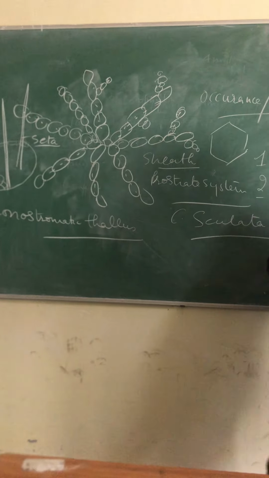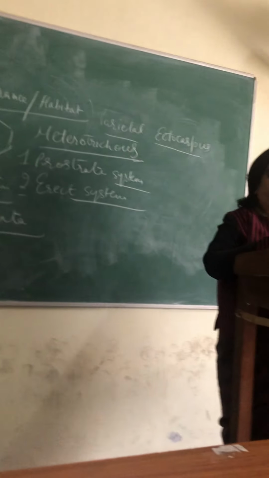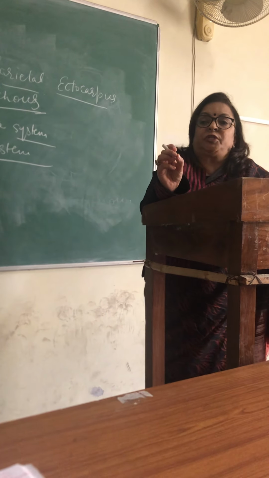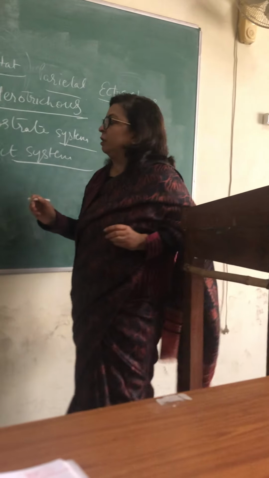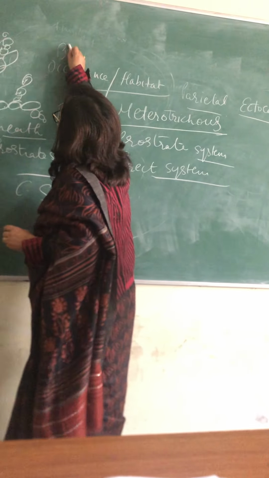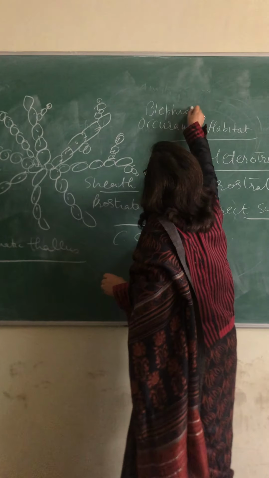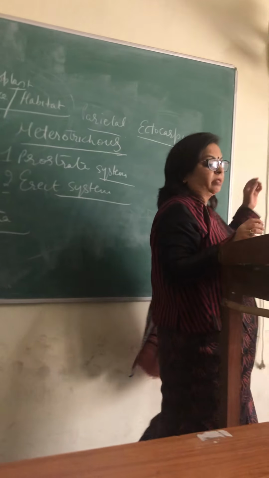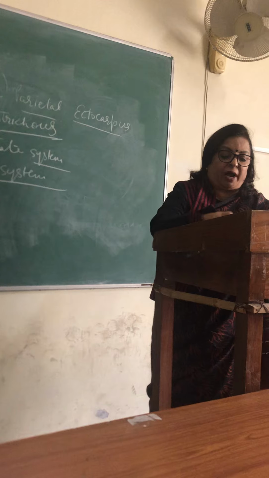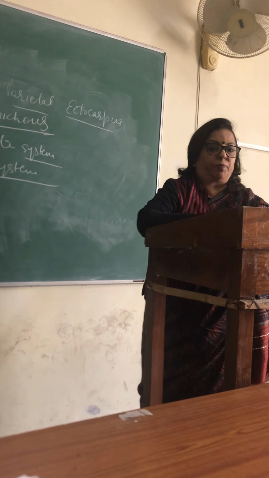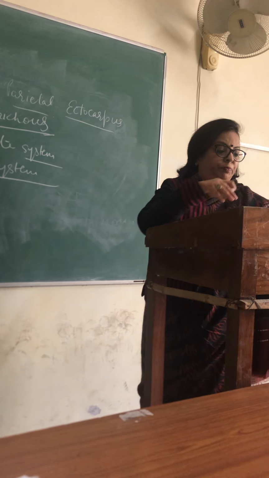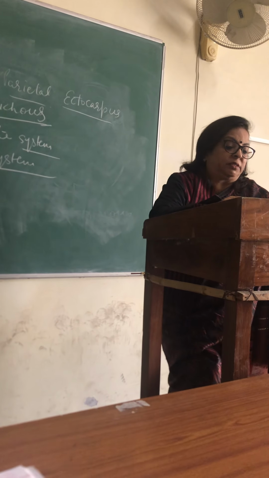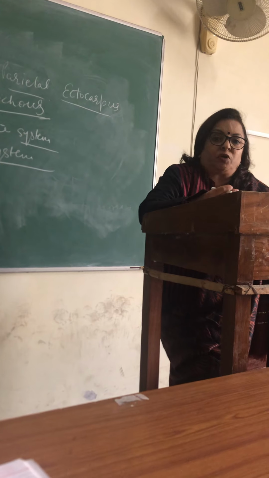This protoplasmic sheet gives rise to the seta or the bristles, because the protoplasmic sheet contains what? They contain blepharoplasts. Blepharoplasts are the granules which give rise to the seta or the bristles. And this protoplasmic sheet contains a swollen base, a swollen knob-like structure in it.